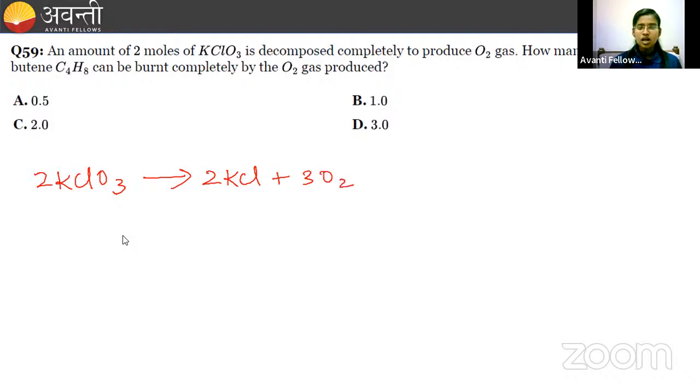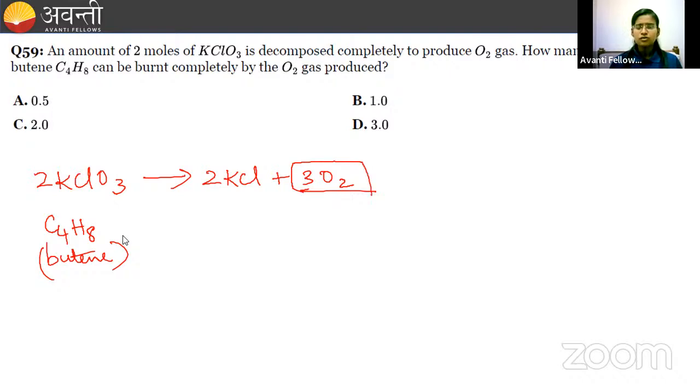Now C4H8, which is actually the butene molecule, is burnt with the oxygen gas produced from this reaction. So we have to find out the number of moles of C4H8 burnt completely by the oxygen gas produced, which is actually 3 moles of oxygen gas produced from this reaction.